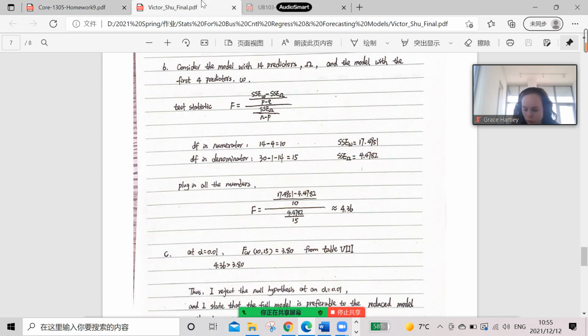From the first model, I have 14 predictors. And the second model, I only have 4 predictors, and I want to choose one. For example, I want to predict a person's height.